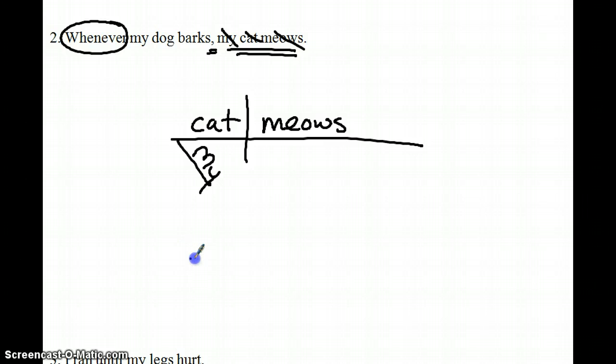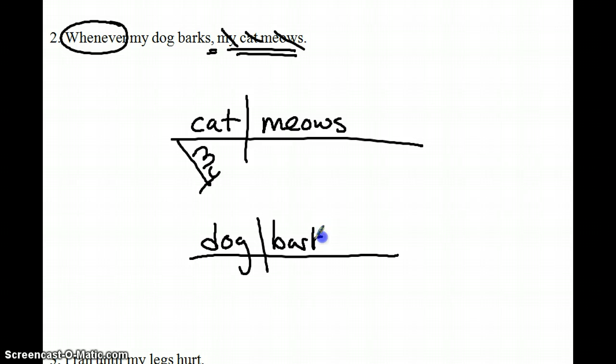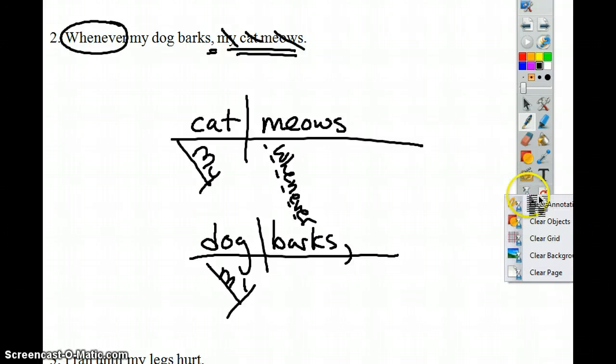So we'll diagram that. Dog. What does he do? He barks. Whose dog? My dog. And now we just link from verb to verb with the awubis word. Okay? Makes sense? Let's move on to the next one.